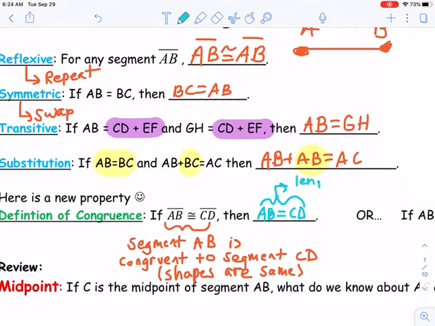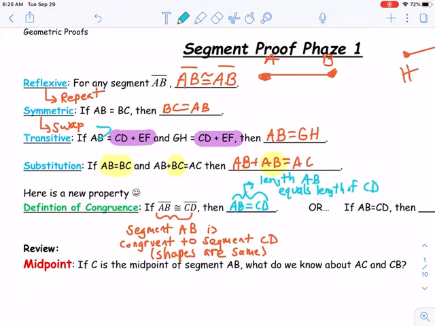The length of AB, if you take a tape measure, equals the length of CD. Length is a number, that's why we use equals. It might be 5 feet, it might be 2 miles, centimeters, whatever that may be. That's the definition of congruence.